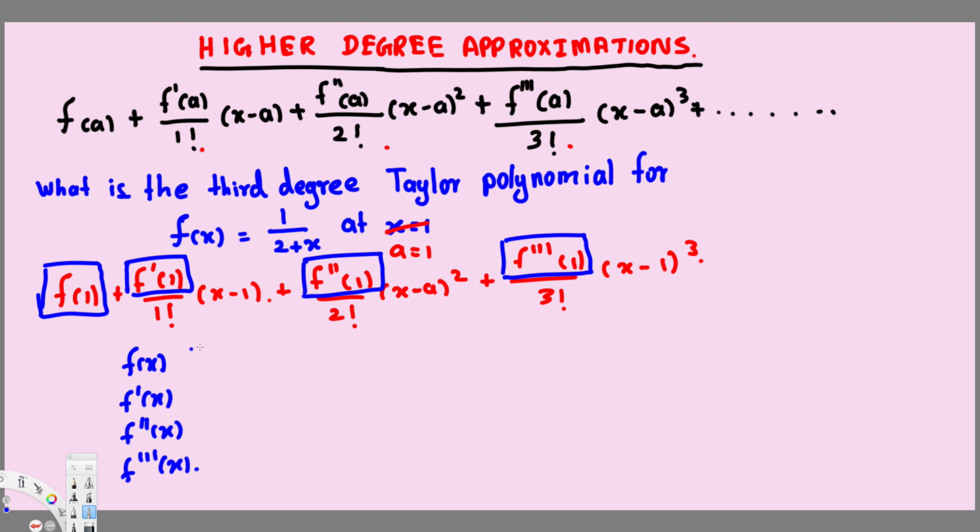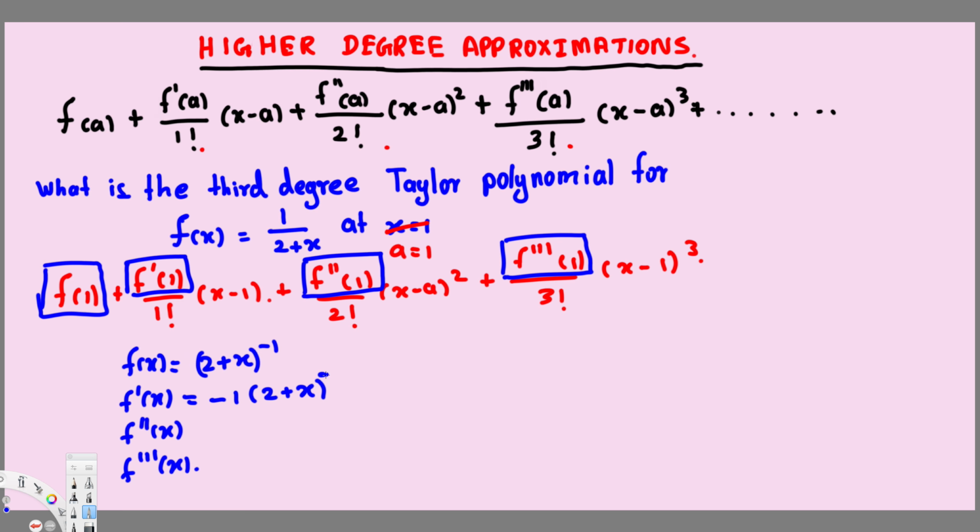Now first we have this function, that is 1 over 2 plus x. This is the same as 2 plus x to the power minus 1, right? Now we have to find the derivative of this one. This is going to be minus 1 times 2 plus x, and we have to subtract 1 from the power.